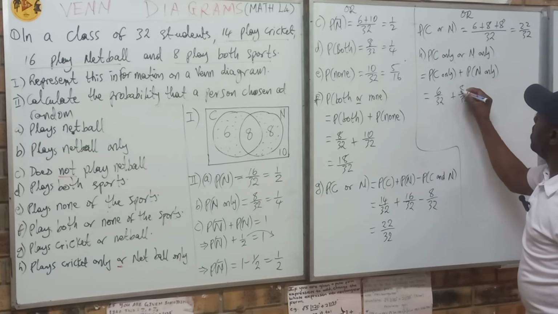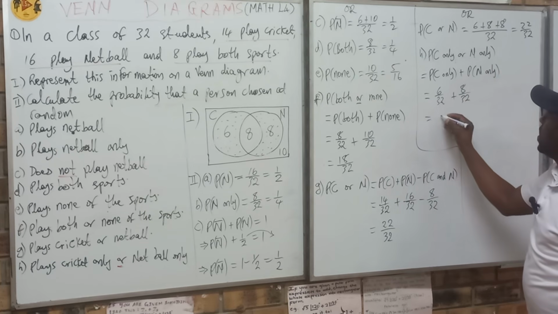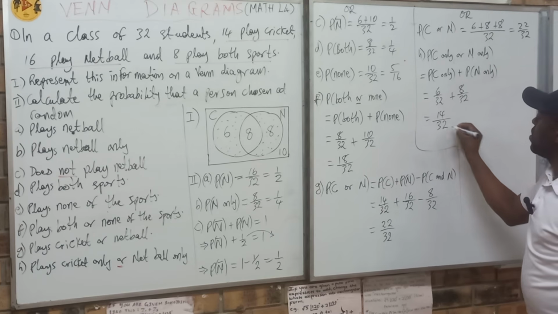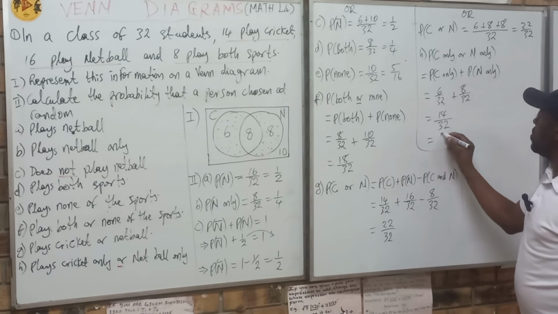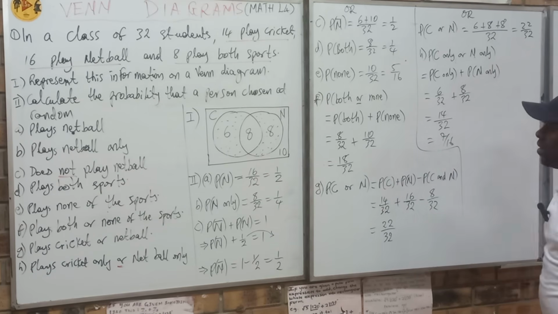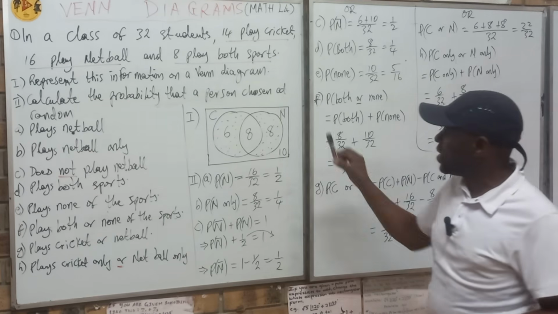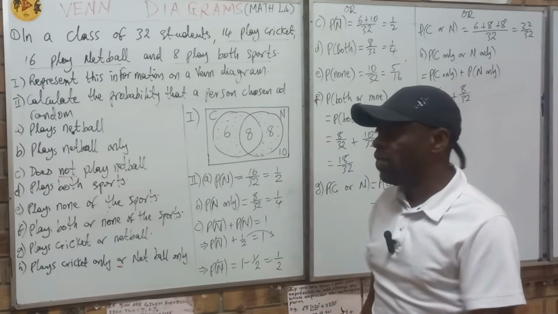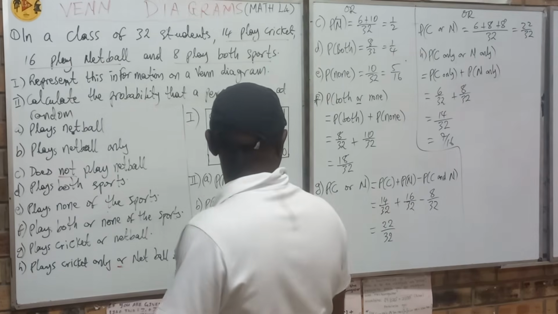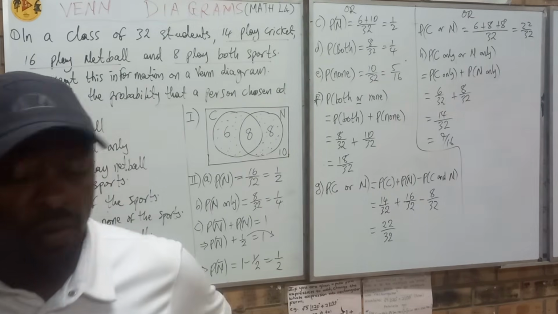So I'm adding two numbers with the same denominator, so we get 14 out of 32, which can reduce to 7 out of 16. So, guys, this is basically all that you need to know with this kind of Venn diagram. You need to make sure you master every portion of your Venn diagram, then calculations will be so easy. So, guys, thank you very much.